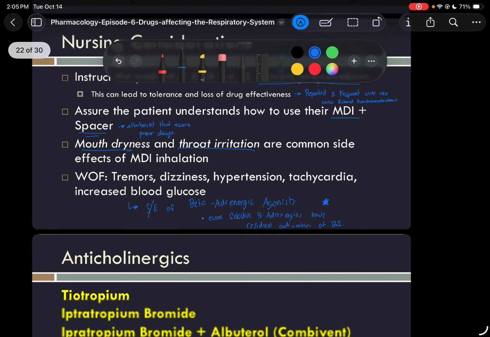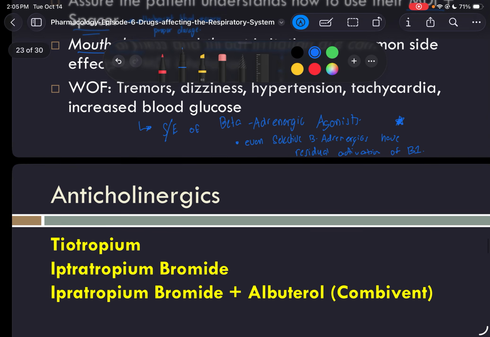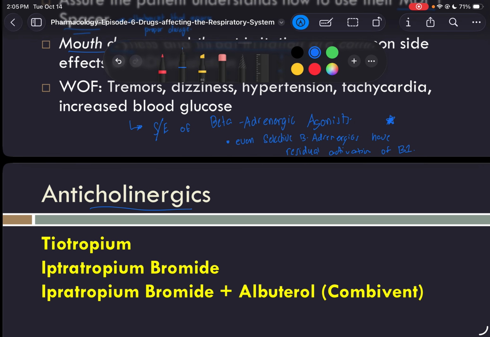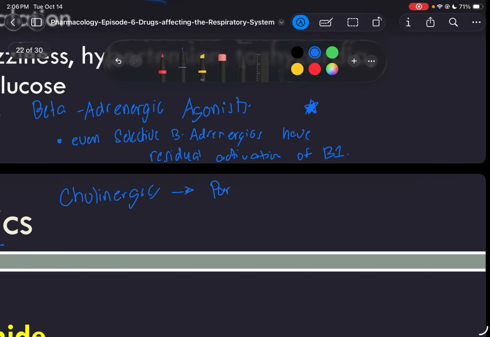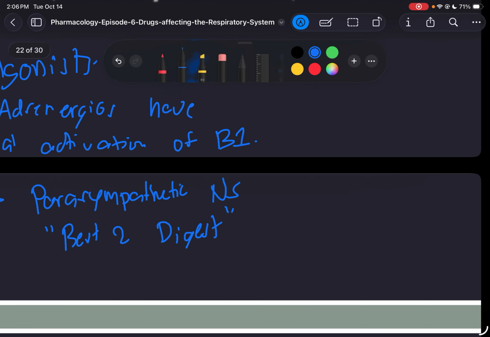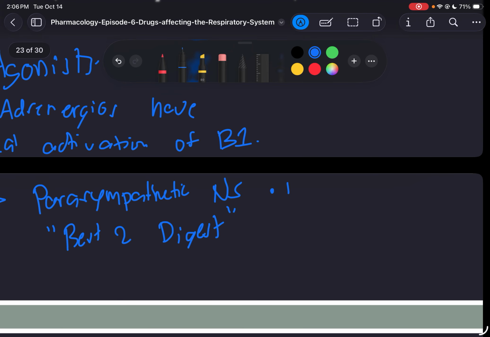So next is our anticholinergics. As I mentioned before, when we say cholinergics, we are referring to your parasympathetic nervous system, otherwise known as rest and digest. These are the effects of rest and digest. Number 1, it will increase urine output.